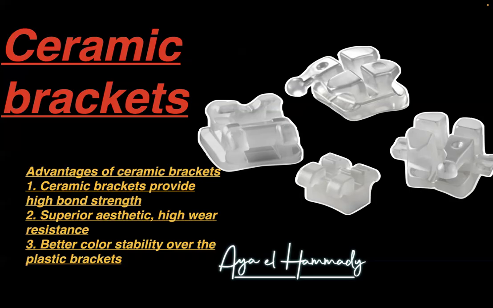When I debond it, I'm going to fracture the enamel surface of the tooth, okay? It has high bond strength, but the material here is weak. It may fracture, okay? It has better color stability because it looks like ice, pure, transparent, okay? More than the plastic one.